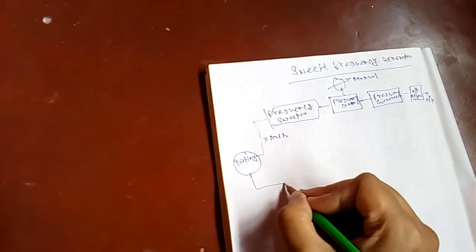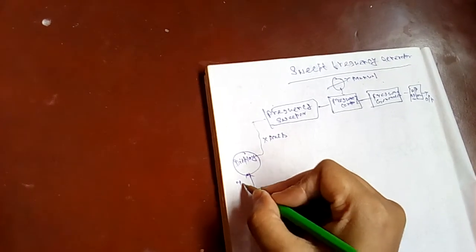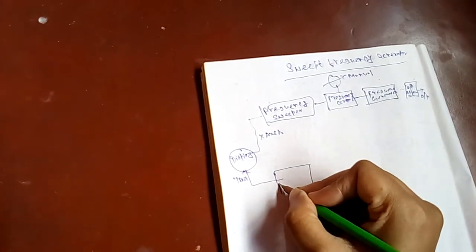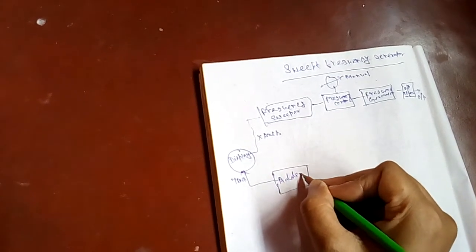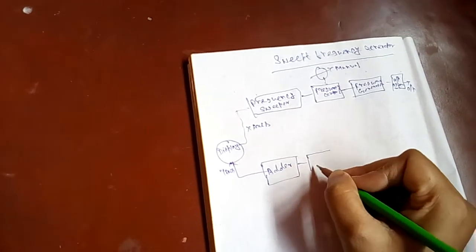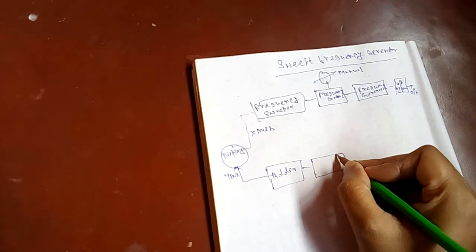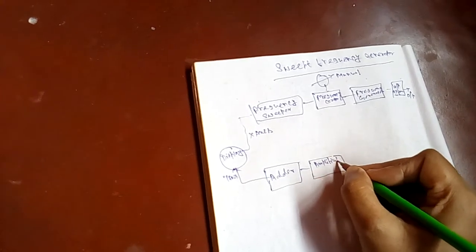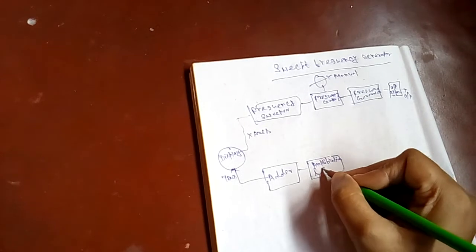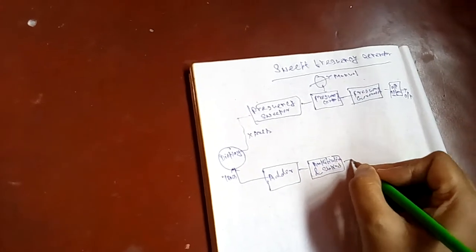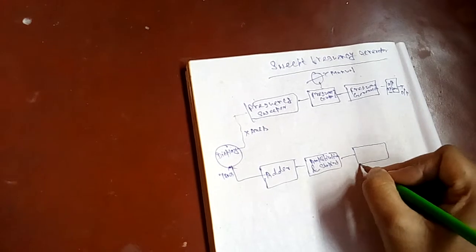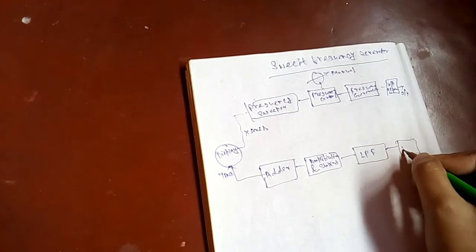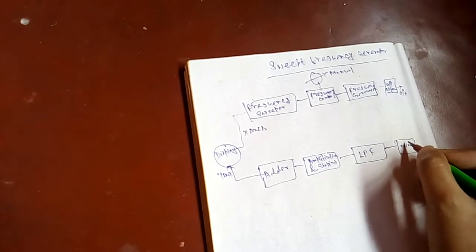Similarly for the y-axis, the first block is the adder. Then it goes through amplification and shaping, with an amplifying factor, to shape the signal. Then a low pass filter, and again it goes to the mixer.